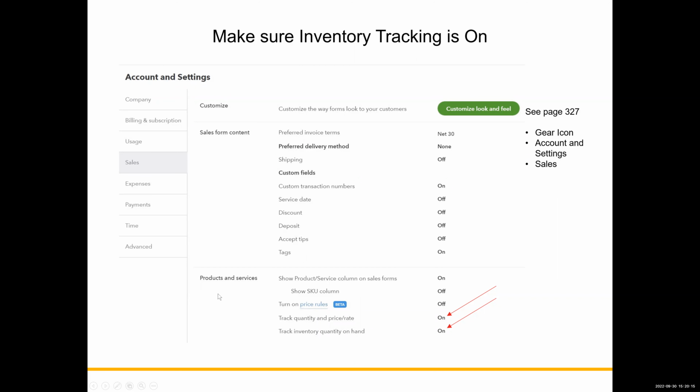Then look down here to products and services, and make sure that track quantity and price rate is on, and also track inventory quantity on hand is on. So just double check that. When I did, it was already on, but in your setup, if you didn't do something quite right, it may not be. So in order for you to do the chapter transactions and make it work, you need to make sure that inventory tracking is on. So just food for thought there.